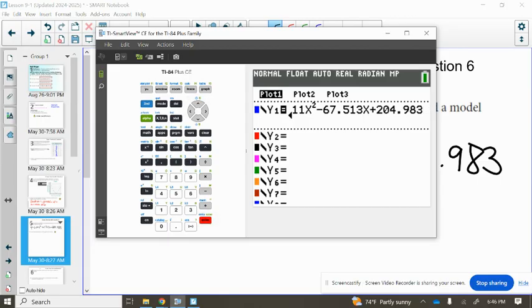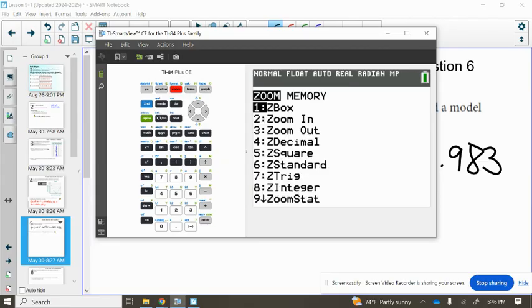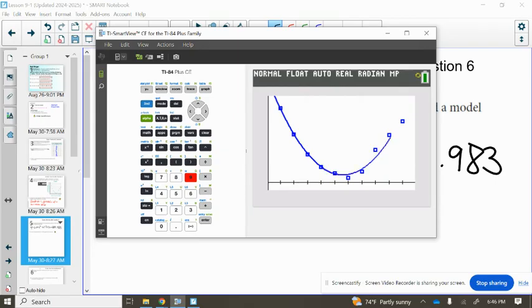So hit enter. And then this time we're going to zoom stat. So zoom option 9. And we see those data points as well as that line that we graphed, how it's fitting through with that data.